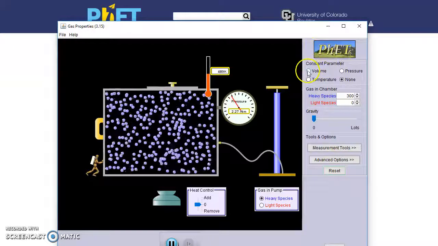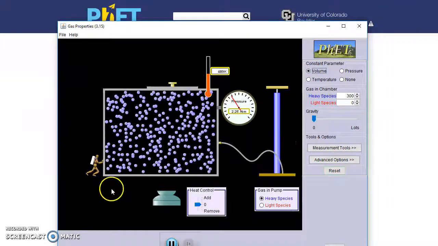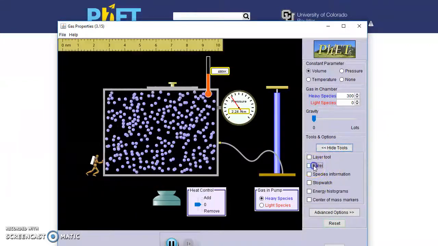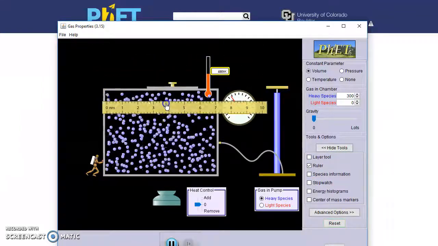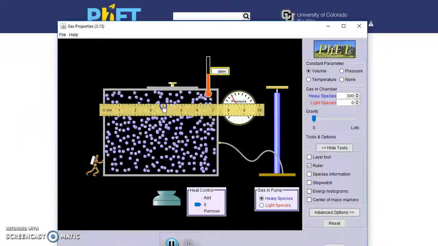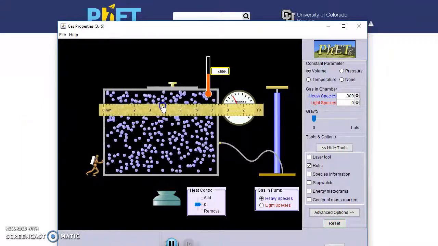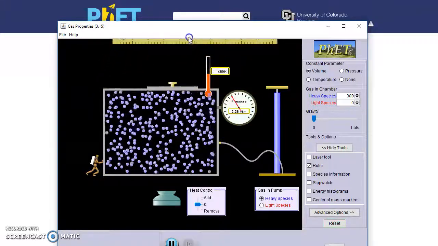So when I click on a constant parameter, I'm freezing the volume of the box. If you wanted to measure the volume of the box, you could do that. This is in nanometers. So it's 7.2 nanometers across the box. I'll move that tool over here.